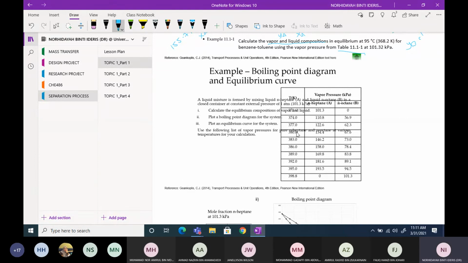And as I said before, the nature of it is that as temperature increases, usually the partial pressure of A and B will increase.